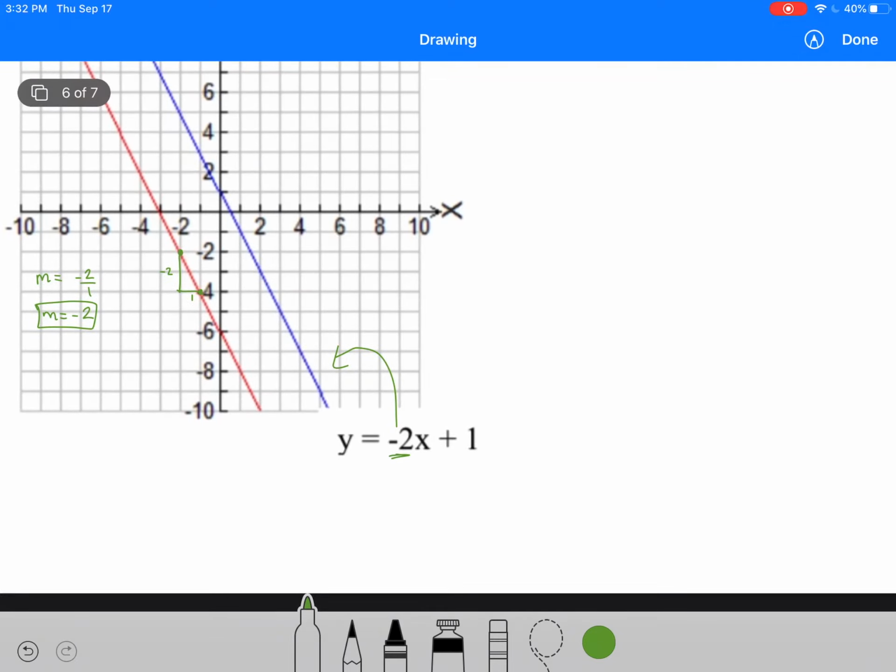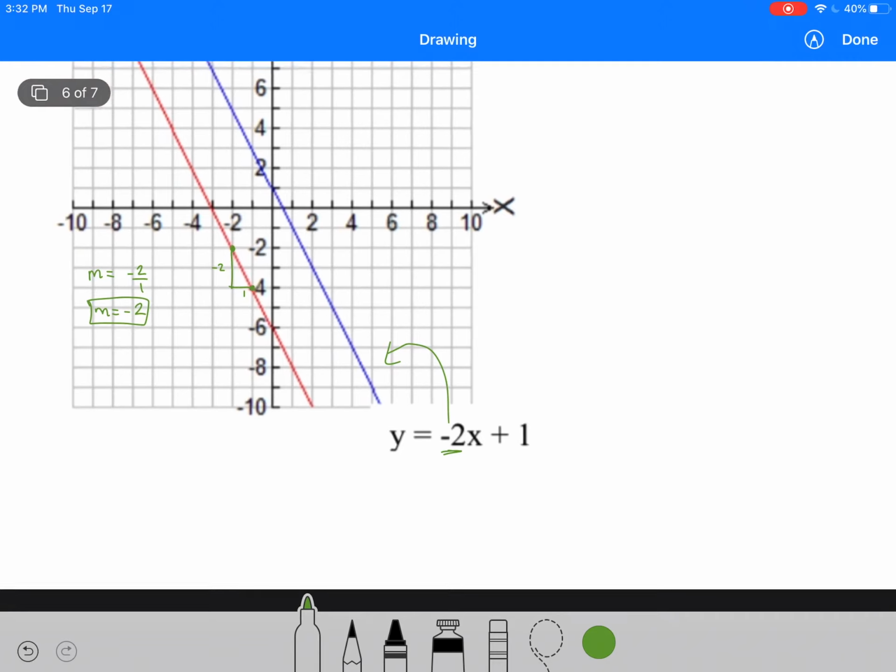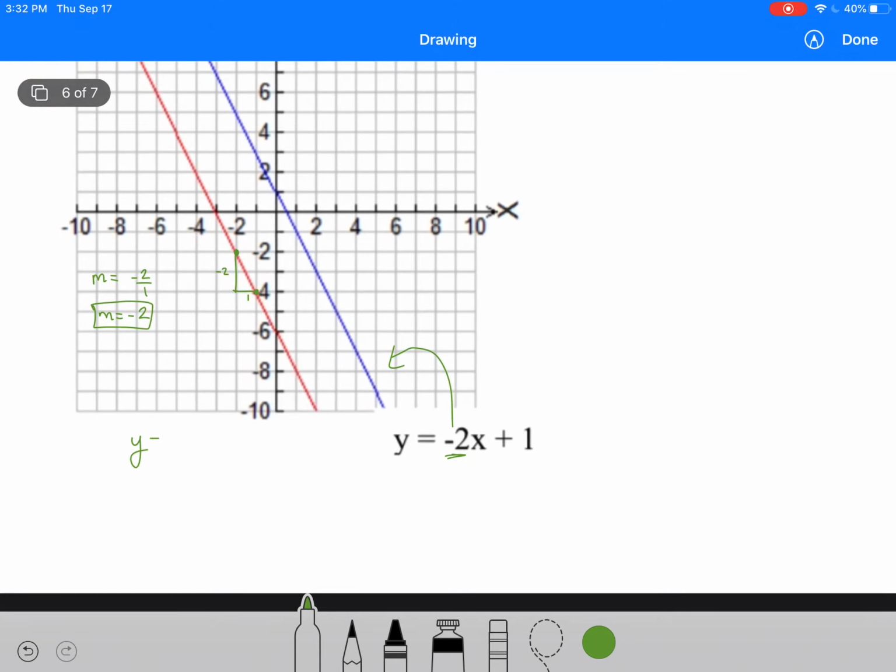What we have to do is figure out the equation of this line, the red line. Remember, the equation of a line is y equals mx plus b. If they're parallel, they have to have the same slope, so we'll have negative 2x. And the b value is simply the y-intercept. Where does the red line hit the y-axis?